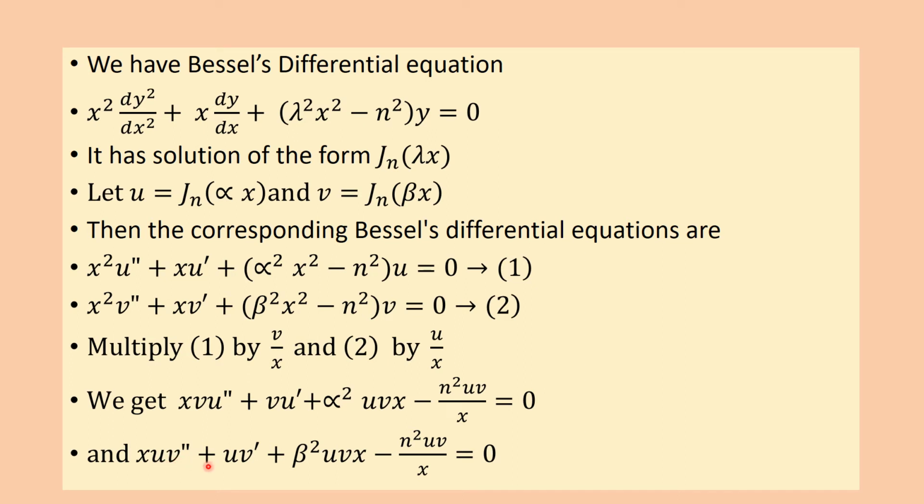So x will be common, and v u double dash minus u v double dash will be there. v u dash minus u v dash will be there. Alpha square uvx minus beta square uvx, where uvx will be common. And the last term, minus n square uv by x, will cancel with the minus n square uv by x when you subtract. So that we see.